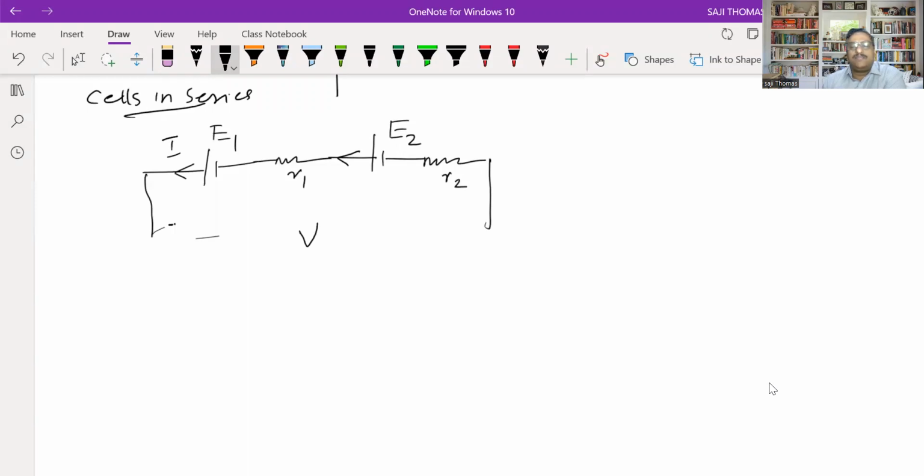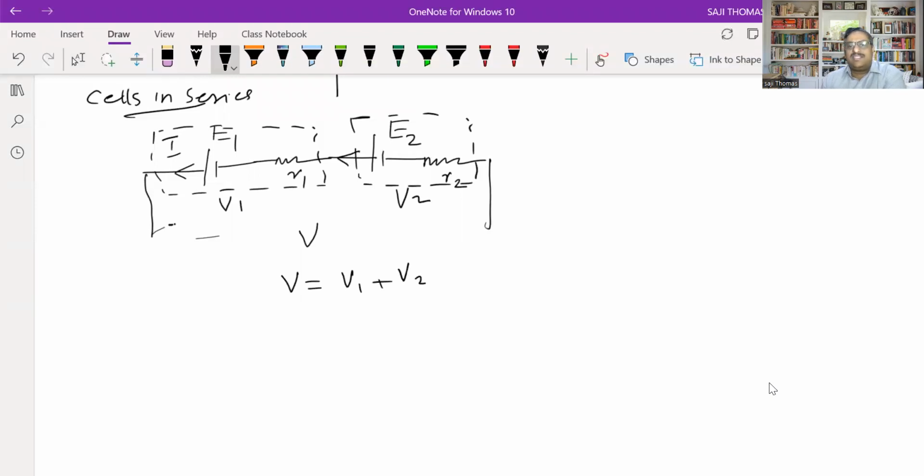Current is I, but potential difference divides. Potential difference across the first cell is V1. Potential difference across the second cell is V2. So the total potential difference across the combination is V, and we can write V equals V1 plus V2.